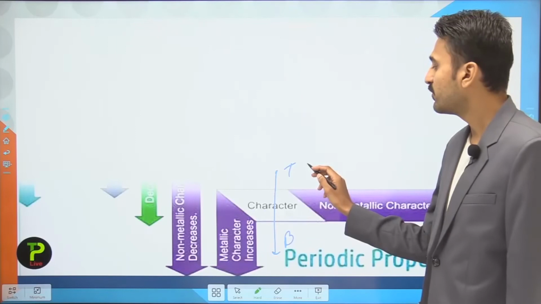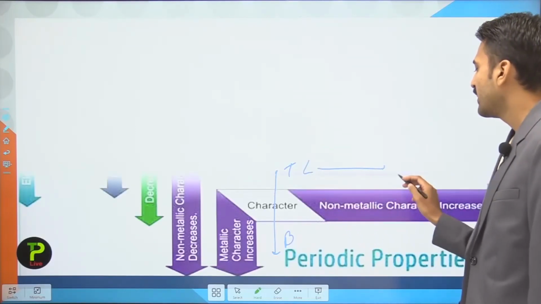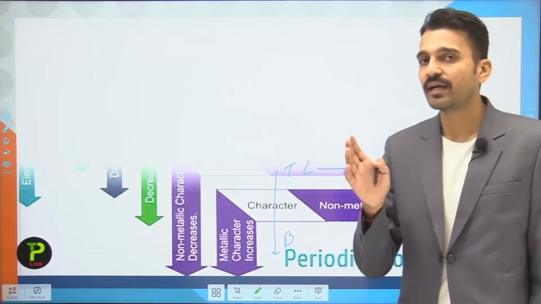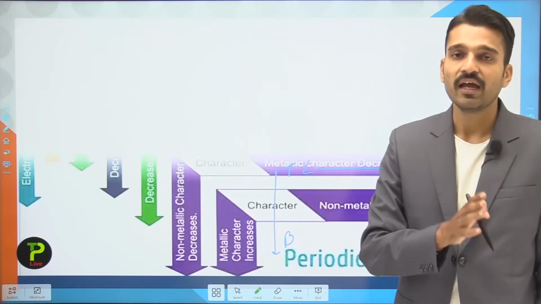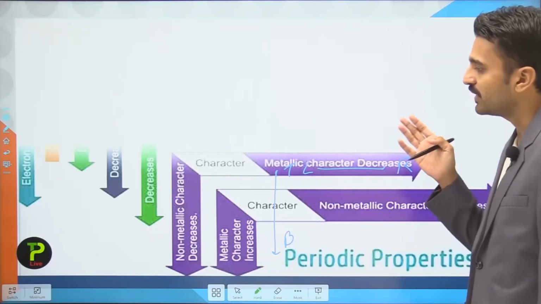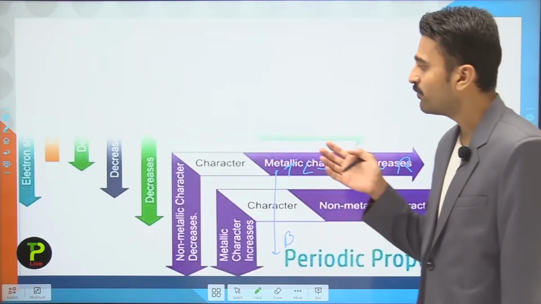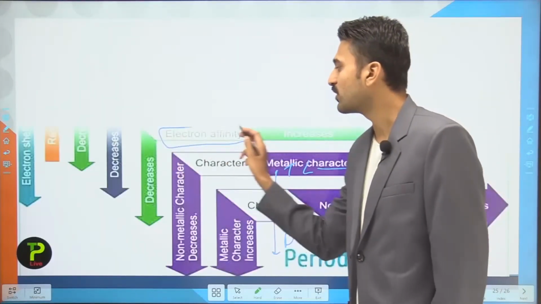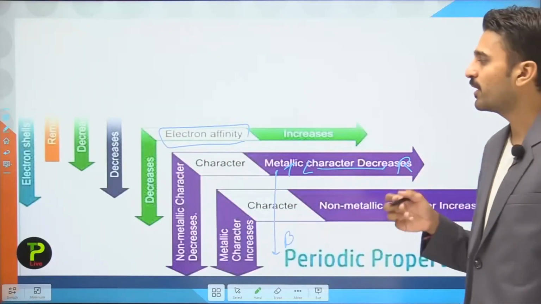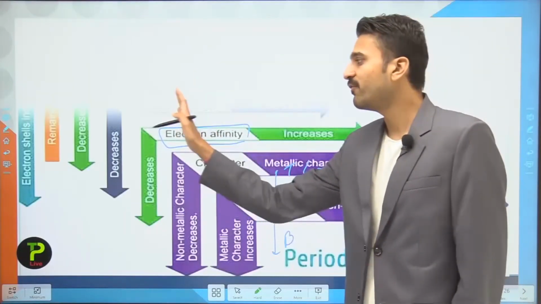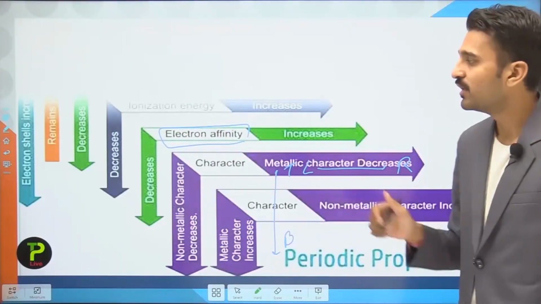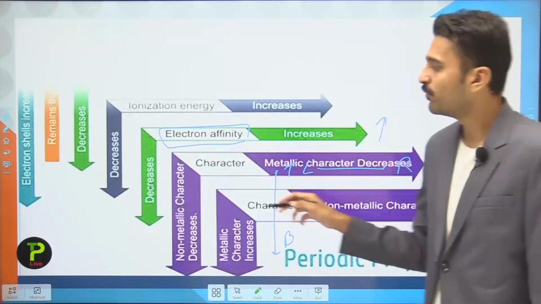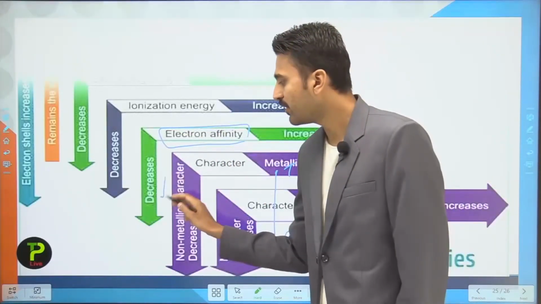And what happens when we move from left to right in a periodic table? The metallic character decreases and the non-metallic character increases. And checking the electron affinity or the electron gain enthalpy: when we move from left to right in a period, it increases, while moving from top to bottom it decreases.